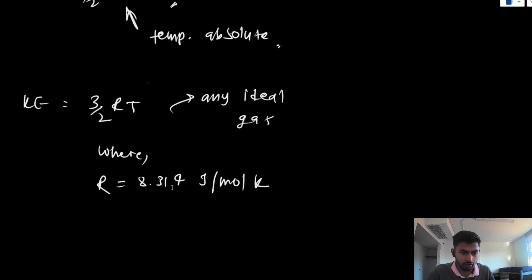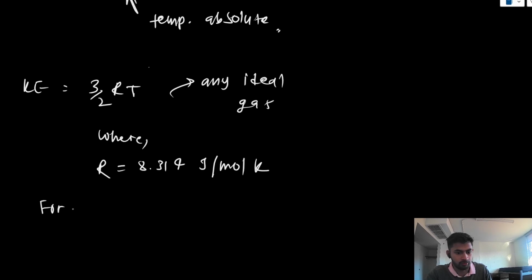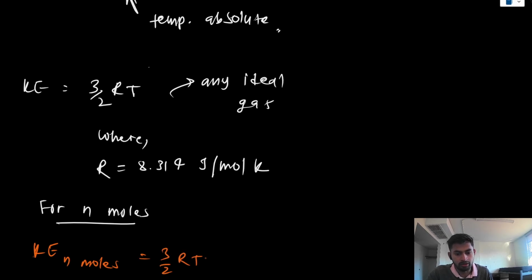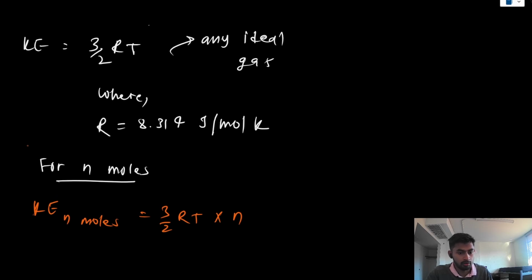If we continue this equation from this point onwards, then for n moles, the kinetic energy would be 3/2 RT times n. Remember, we are talking in terms of moles here. Moles, not molecules at this point of time.